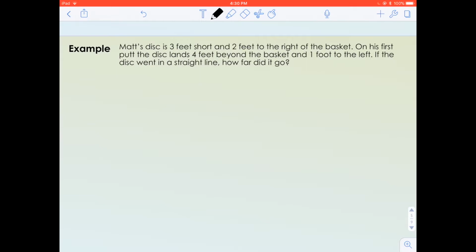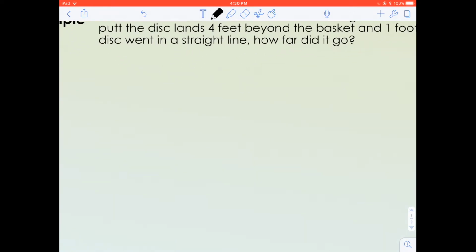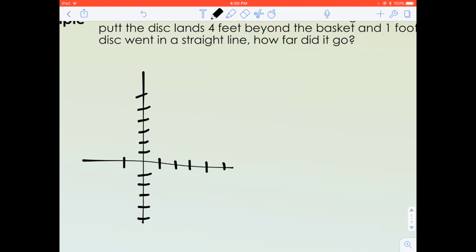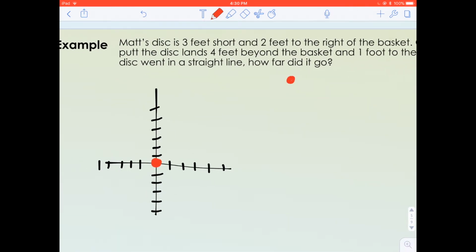So what I am going to do is make the basket, what we're aiming for, (0, 0). Okay, so on a coordinate plane, I'm going to make that. All right, I'm going to put a red dot where I think the basket is at (0, 0). Okay, so this is the basket at (0, 0).